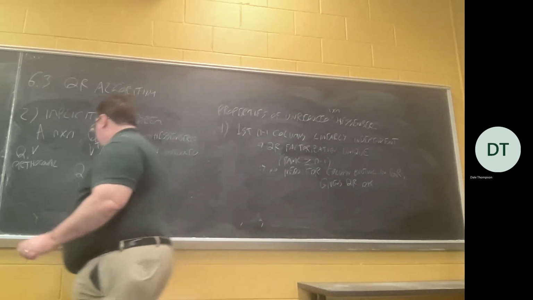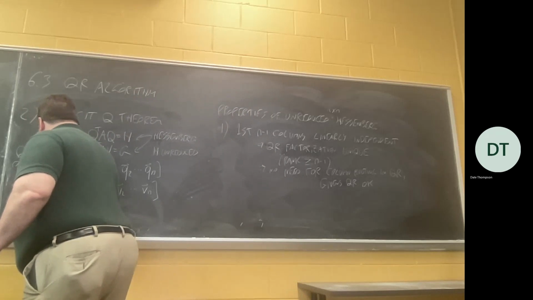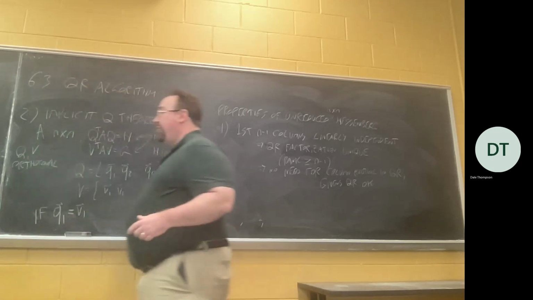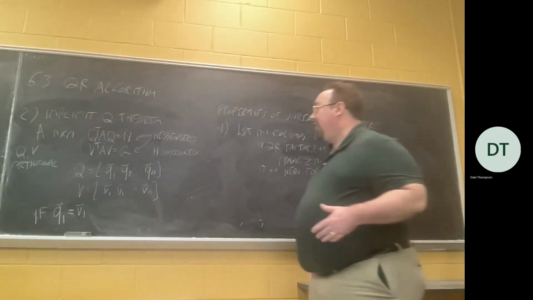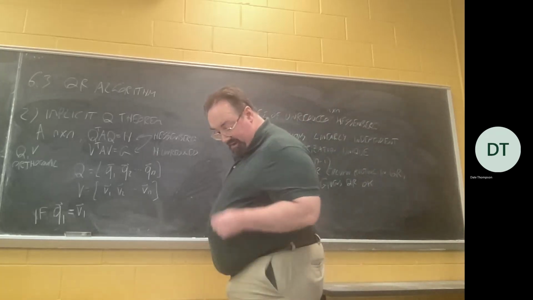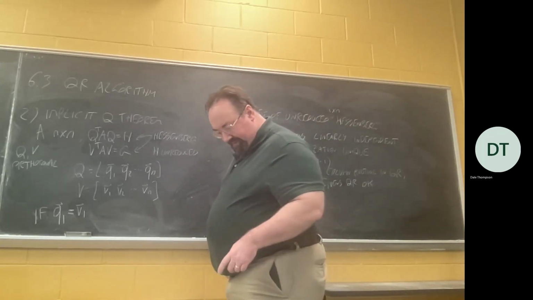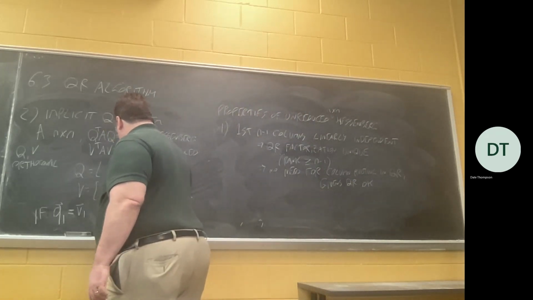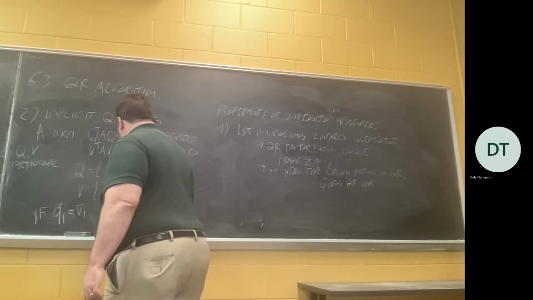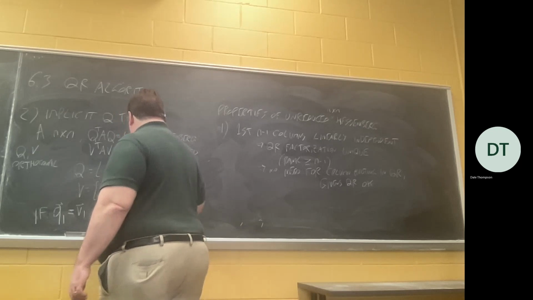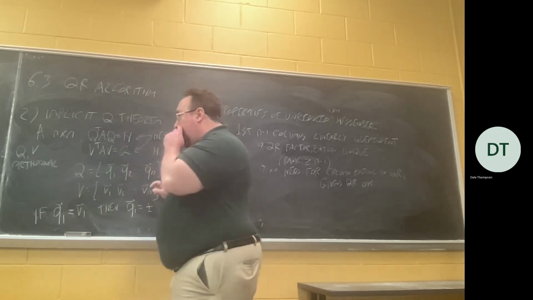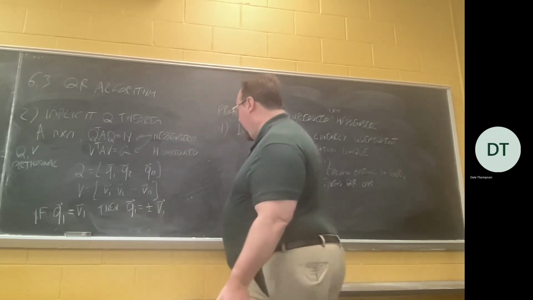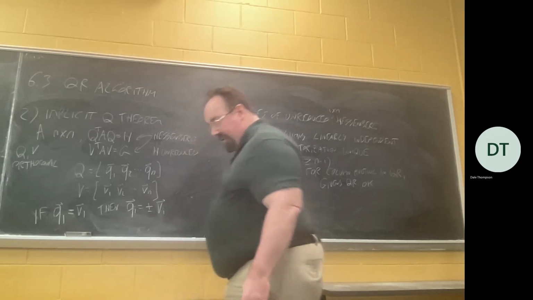So if the first columns of Q and V are equal, in other words, if the reduction to Hessenberg form starts out in the same way, then they're almost exactly the same: each of the other columns of Q is almost equal to the columns of V. They're just plus or minus each other. qi equals plus or minus vi.